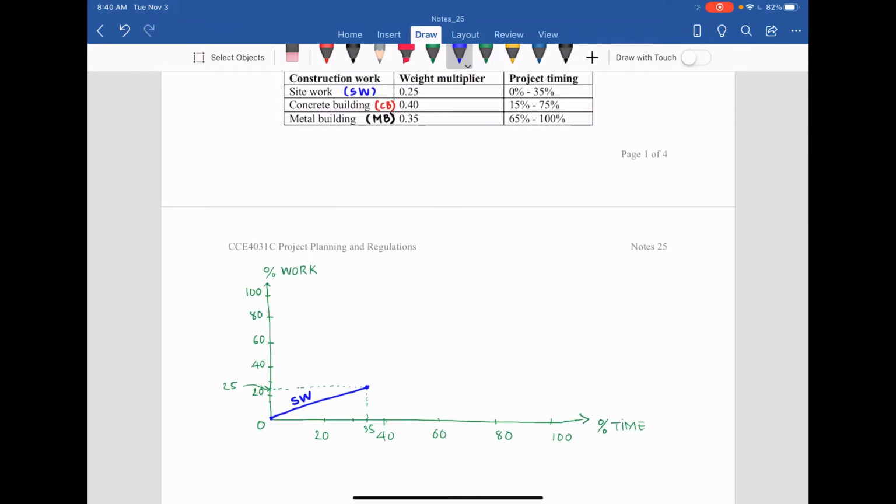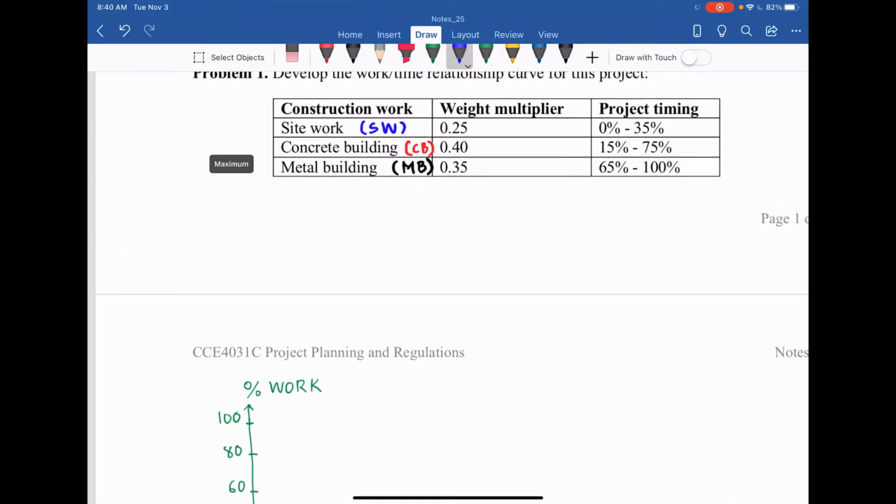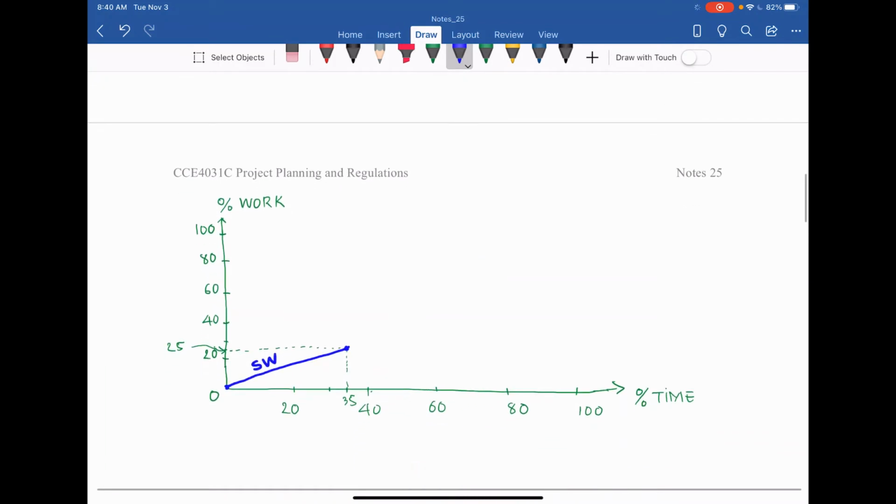Similarly, we can draw the concrete building, with a magnitude of effort of 40% and time 15% to 75%. So 15 to 75 in terms of the time.